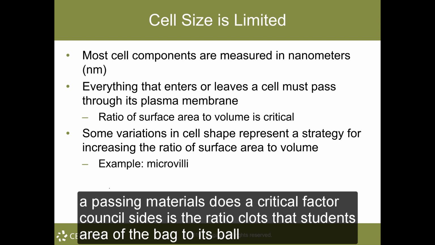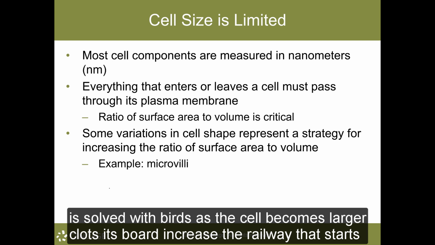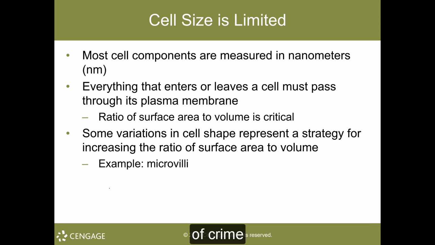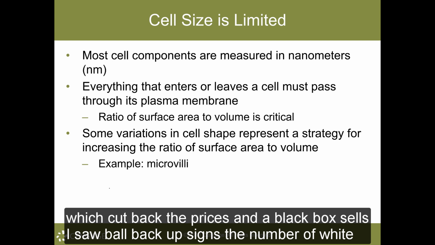Thus, a critical factor in determining cell size is the ratio, class, of its surface area, that plasma membrane, to its volume. So with this, as the cell becomes larger, class, its volume increases at a greater rate than its surface area, or plasma membrane, which effectively places an upper limit, class, on cell size.